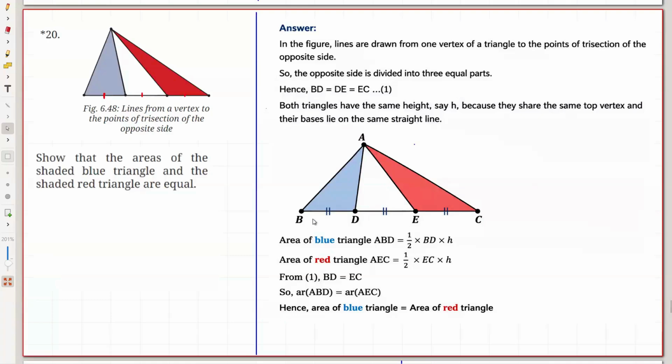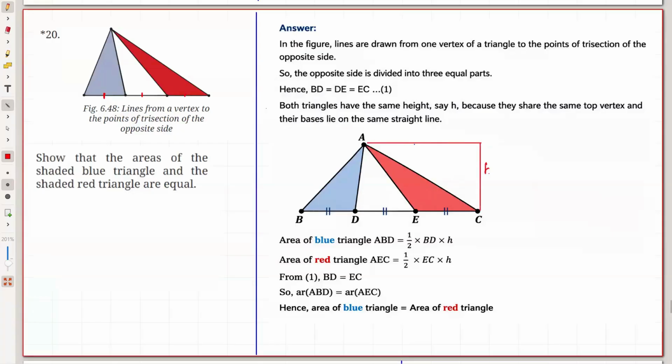Now we can find the area of the blue triangle. We know the formula for the area of a triangle is half of base into height. For all the triangles, the height will be the same. If you draw the height, this will be the height.